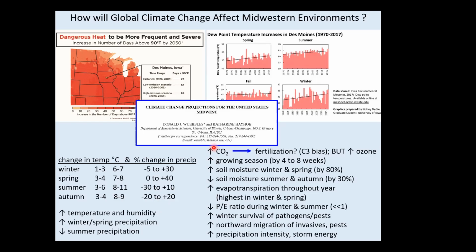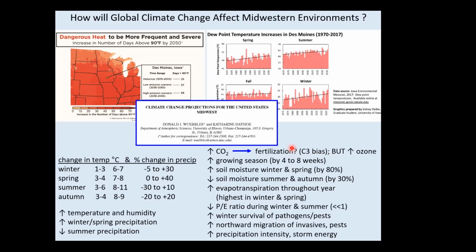That would imply that there could be a favoritism for C3 photosynthesis plants, which of course is not what we want when we're thinking about some of our exotic C3 grasses that are problems. But lots of prairie species, in fact most prairie species, are C3, all of those forbs.